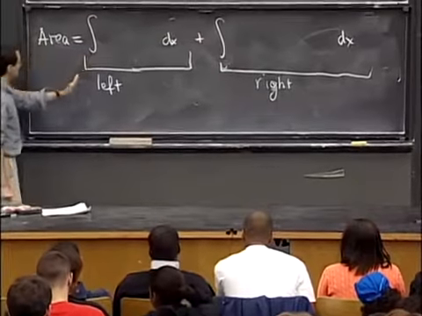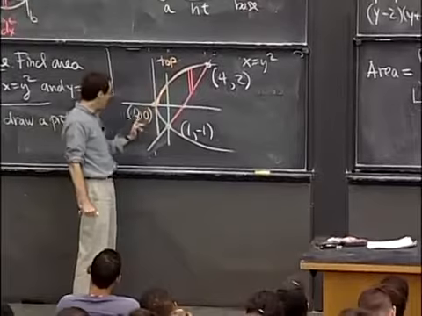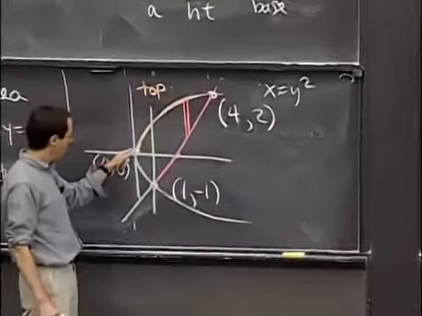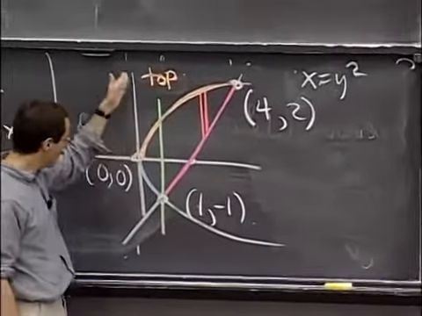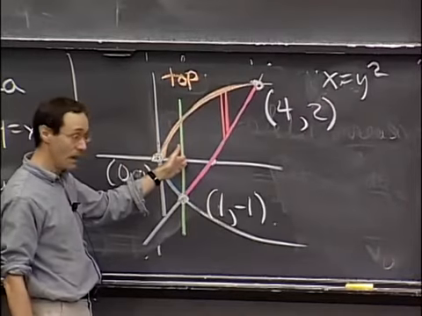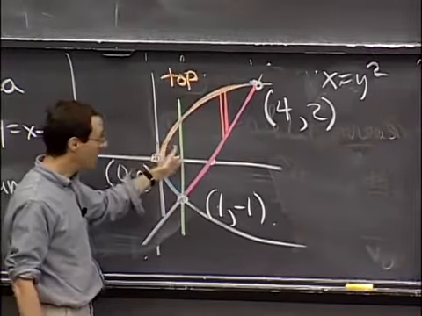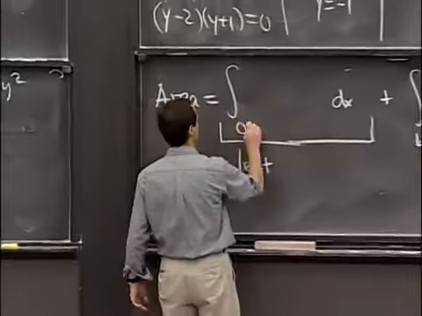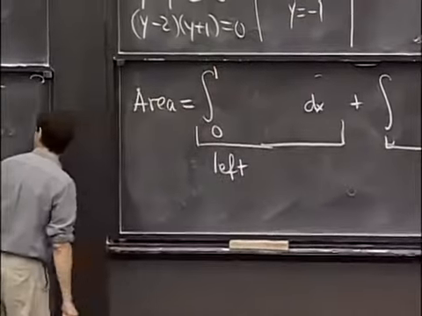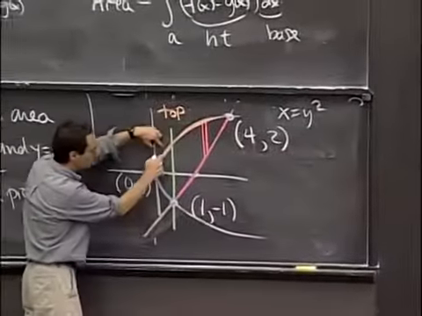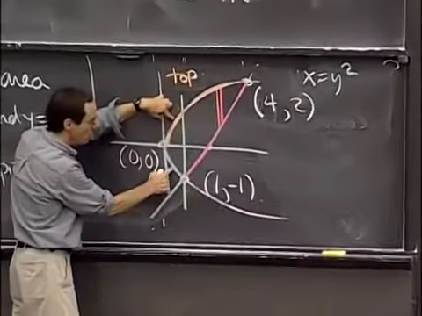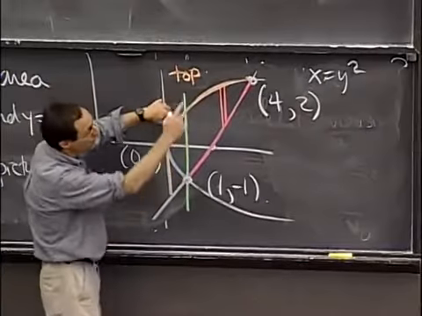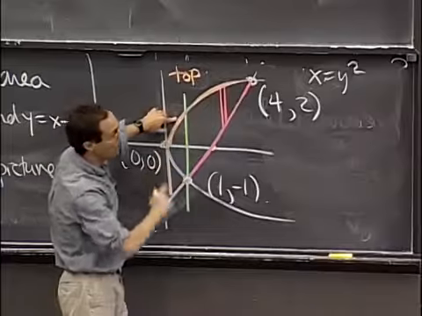So the starting place is the leftmost place. The leftmost place is over here, and x is equal to 0 there. So we're going to travel from this vertical line to the green line over here, and that's from 0 to 1. And the difference between the orange curve and the blue curve is what I call top and bottom left over there.